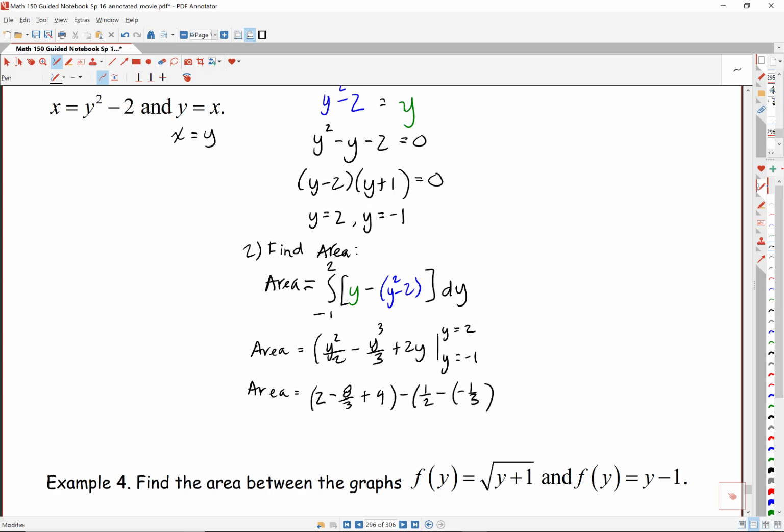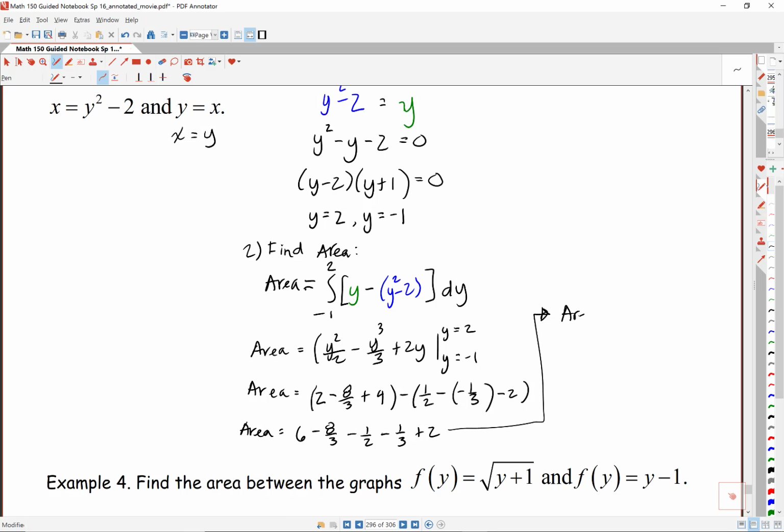And then minus 2. So that's going to give us our area as 2 plus 4 is 6, and then we'll have minus 8/3 minus 1/2, and we'll still have a negative 1/3, and then we'll have a positive 2.